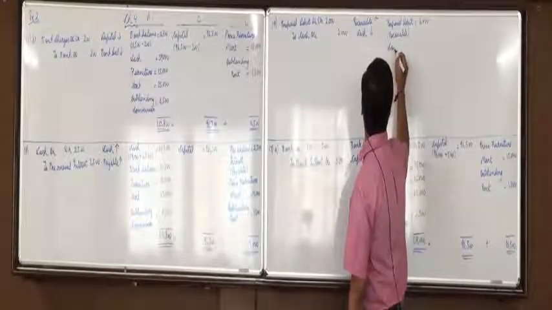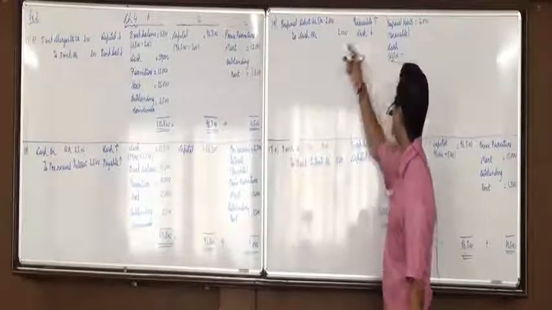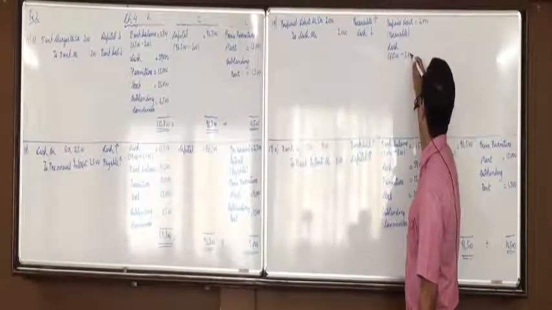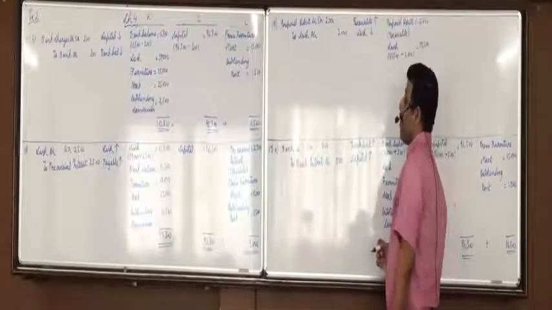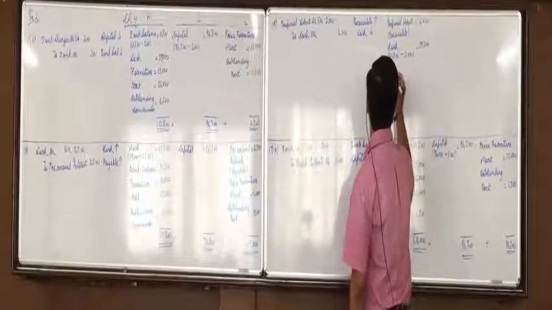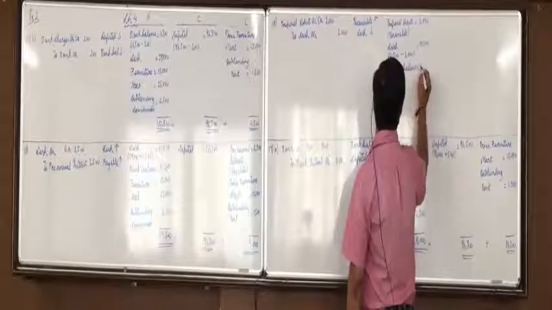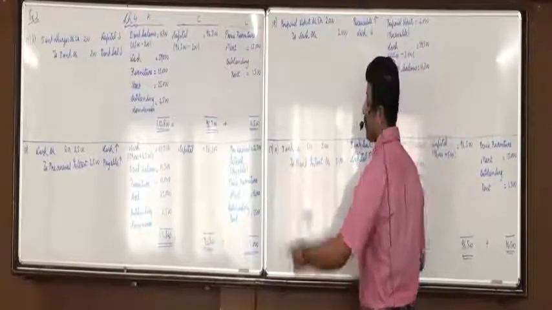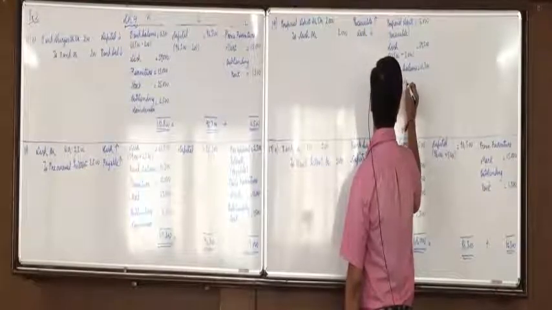Now it will decrease by 3,000, so 58,500. Other items will remain the same. Bank balance 11,300 as it is. Furniture 15,000 as it is.